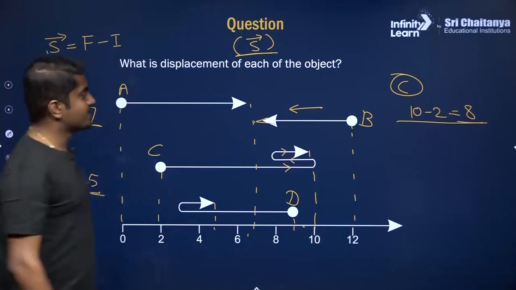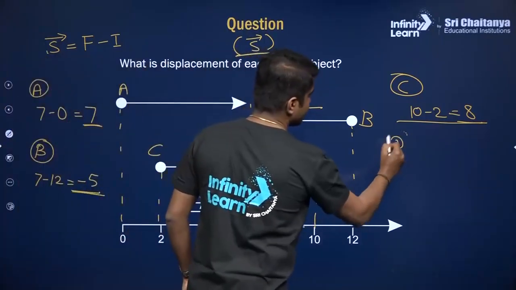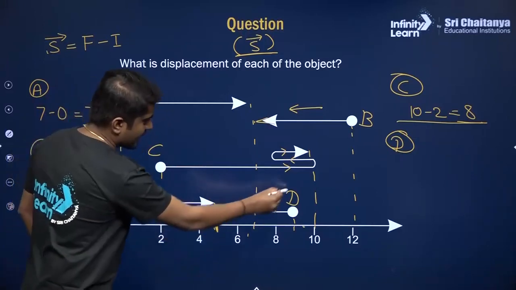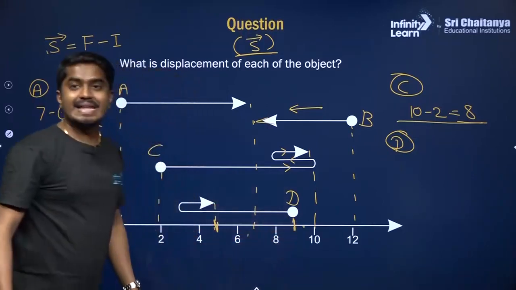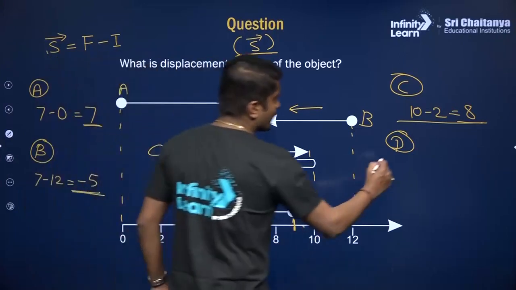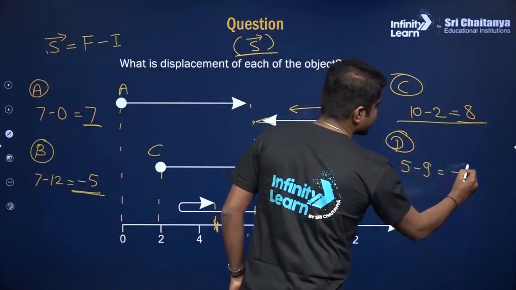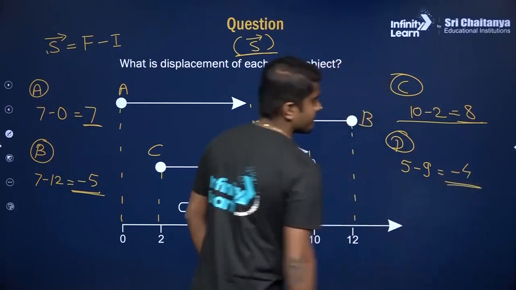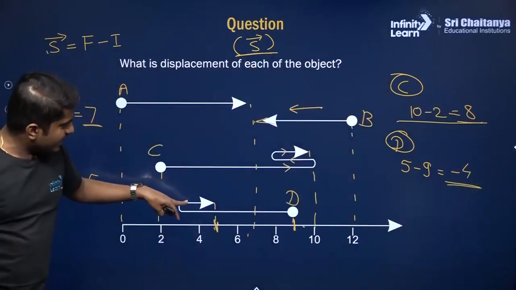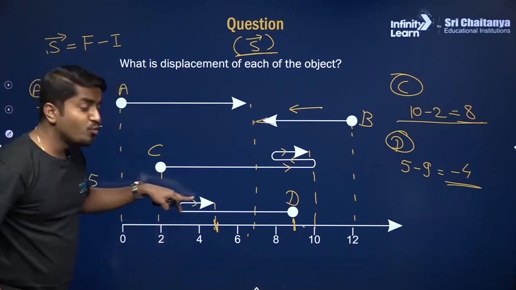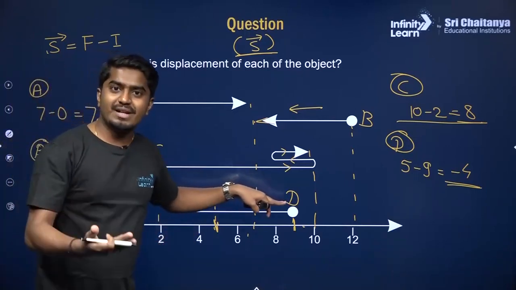And let's solve object number D. The final position is 5 and the initial position is 9. So final position 5 minus initial 9, which is minus 4. Now it appears that the object is moving in the positive direction.